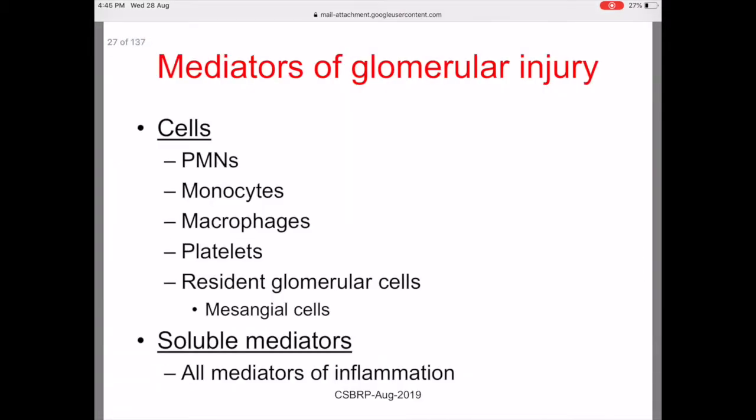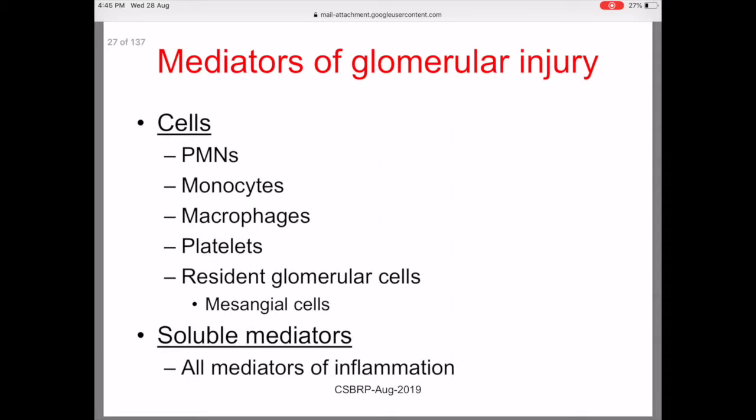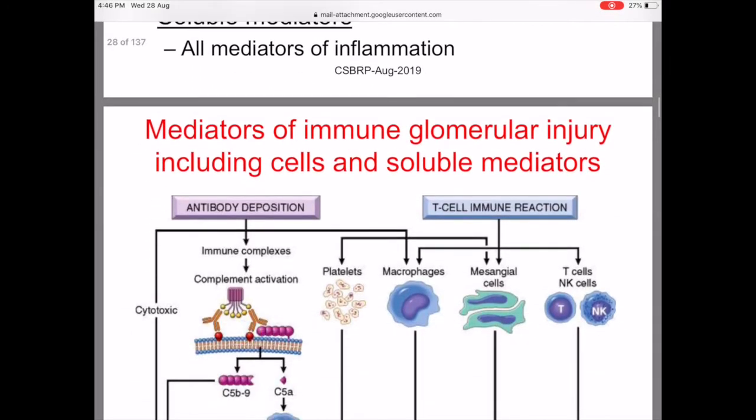So what mediates glomerular injury once there is antigen antibody complex deposition? This is like any other inflammation. The cells that participate in the glomerular injury are the neutrophils, monocytes, macrophages, platelets, and resident glomerular cells, that is mesangial cells, and other soluble mediators of inflammation, that is cytokines.